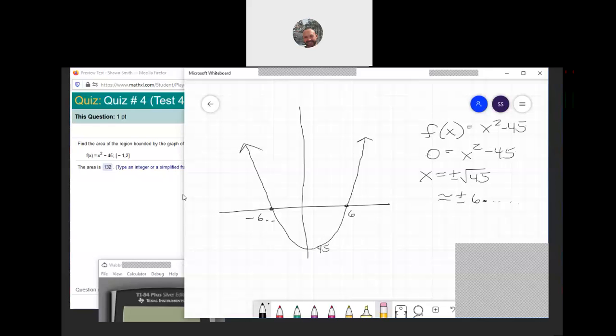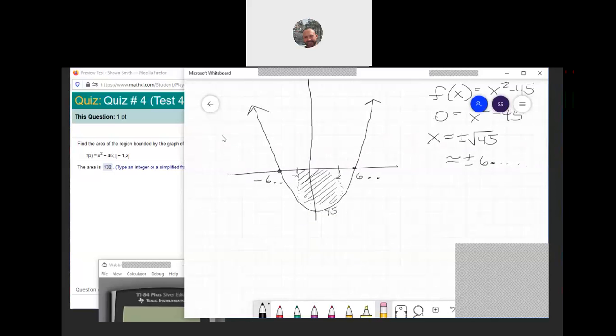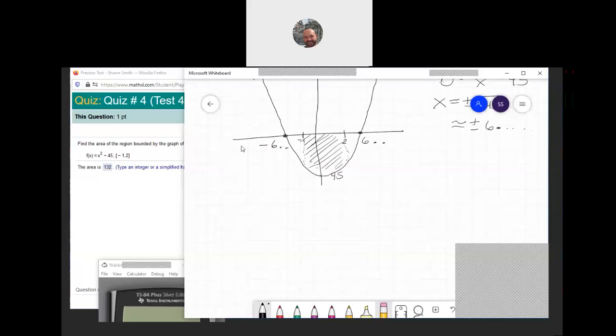This is at positive 6 point something. And I'm looking from -1 to 2. This is solely below the x-axis, right? So I know just from this graph right here, if I do the integral from -1 to 2 of x squared minus 45 dx.